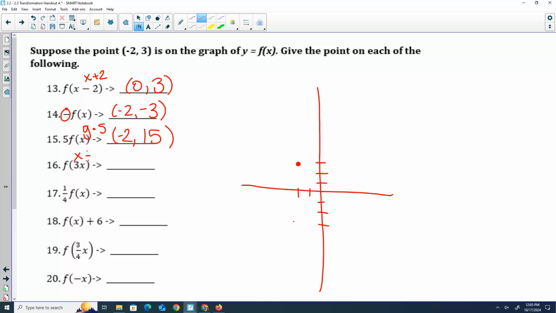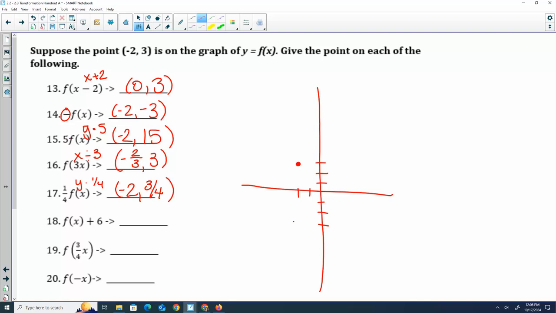We do the opposite, so x divided by 3. So that would be -2/3. 17, outside, so that is y, does what it says, so y times 1/4, give me -2, 3/4.